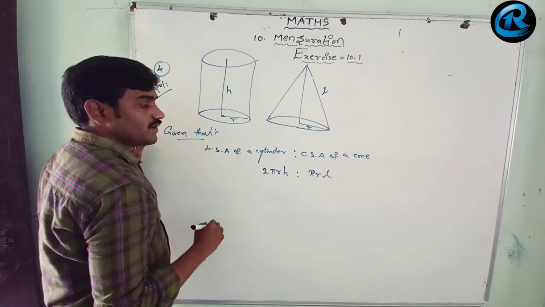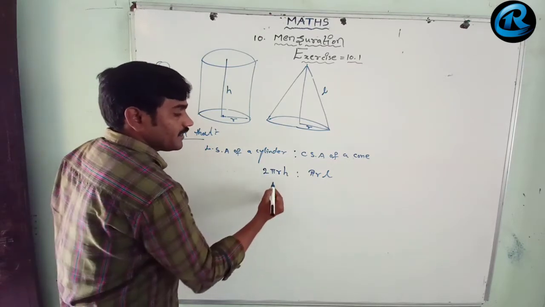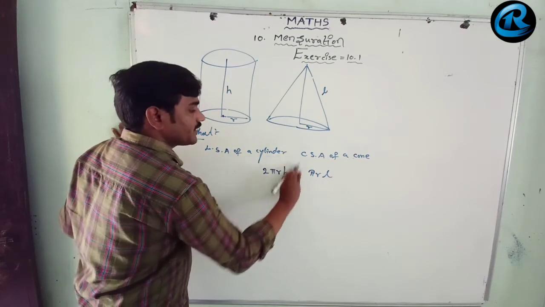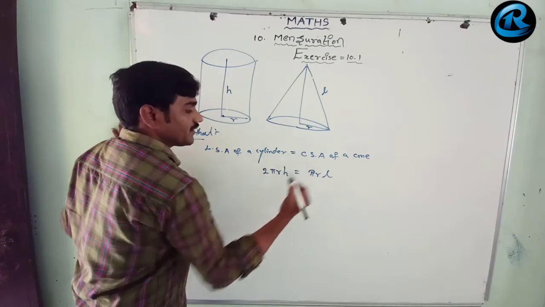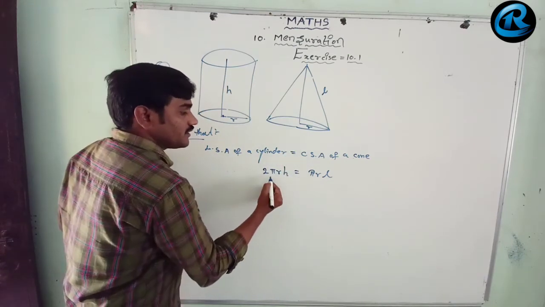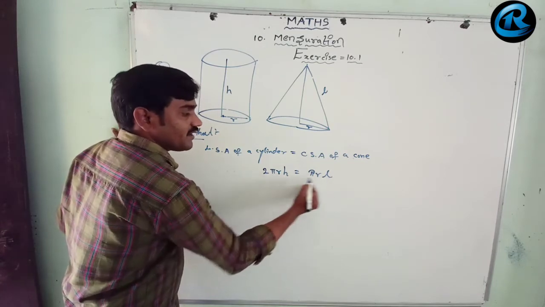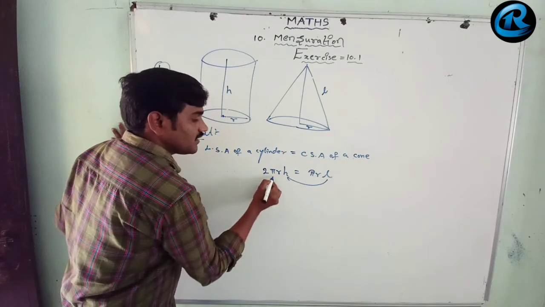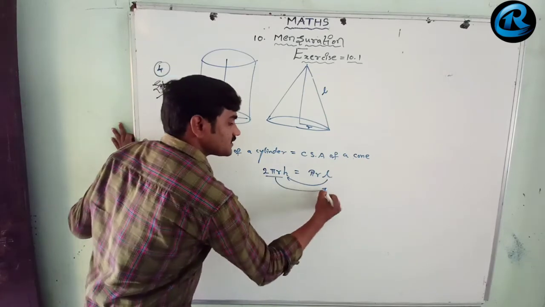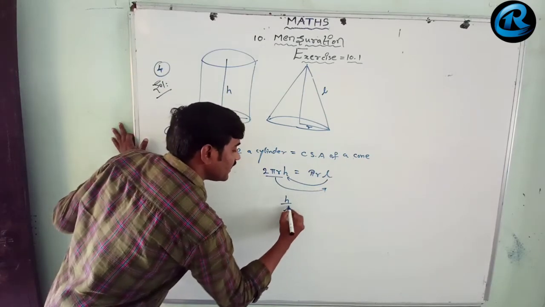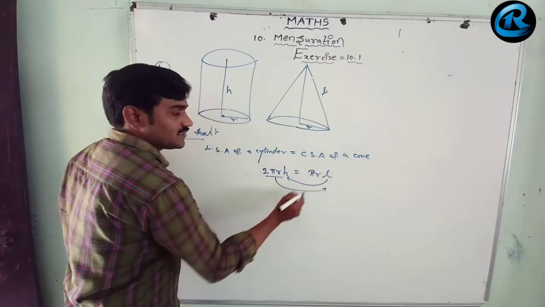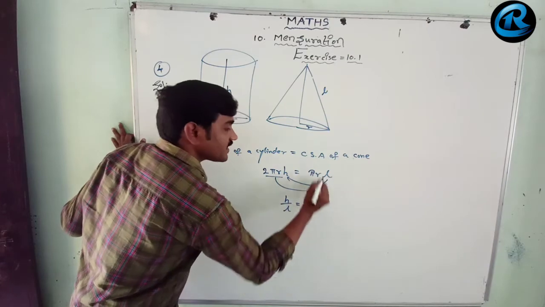So here what we do is simple, make it equal, and see that here we require h by l, the height. This l you transfer this side, and this 2 pi r you transfer this side. Then h by l is equal to, here l is multiplying, so l will divide.